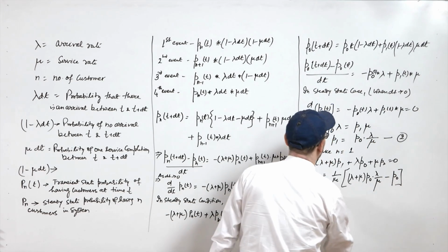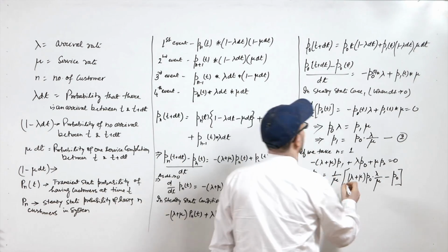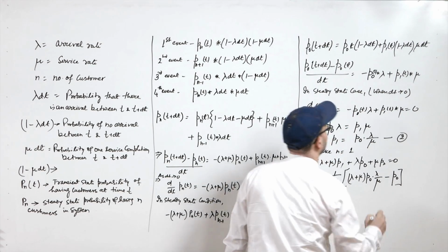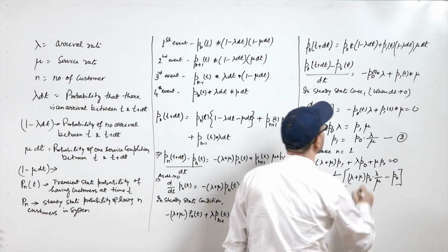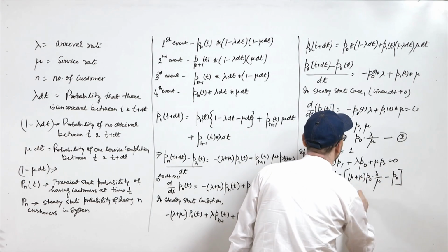So, it will be P 0 by mu times, with lambda plus mu minus lambda. So, it will be lambda by mu.